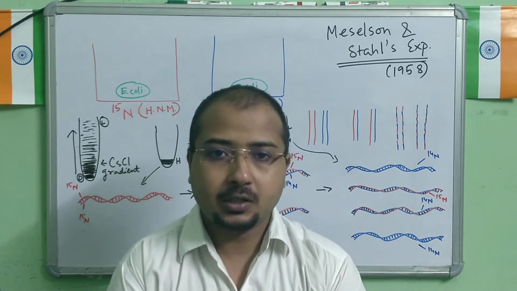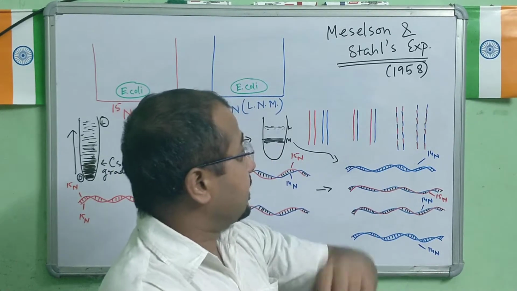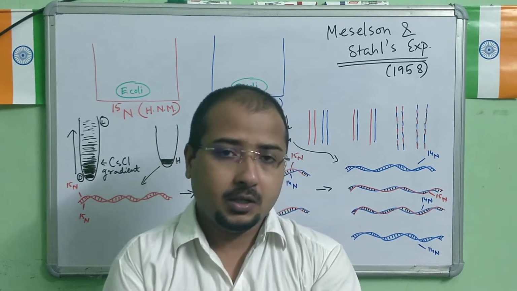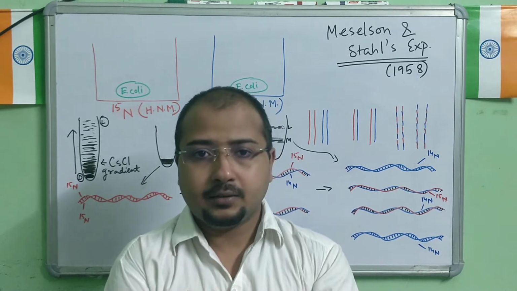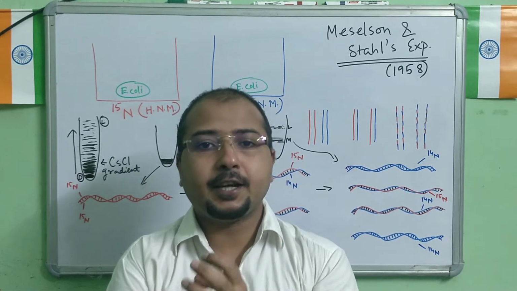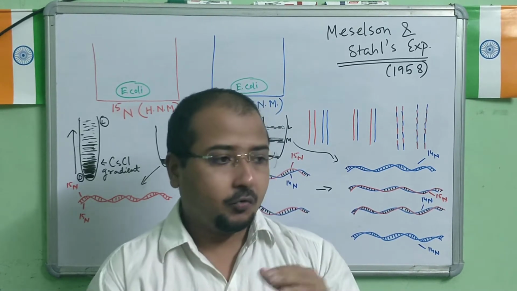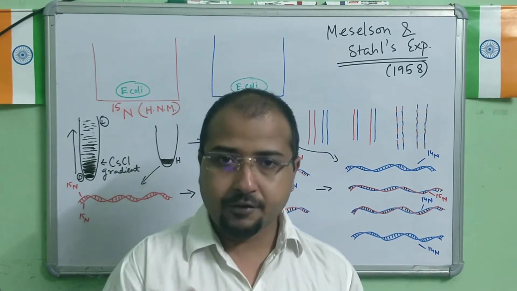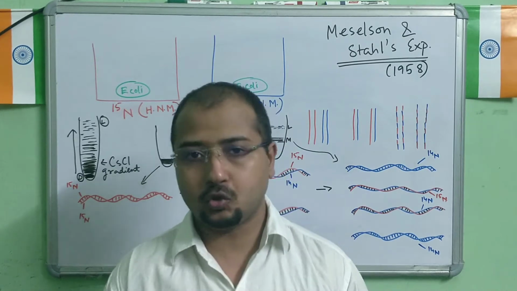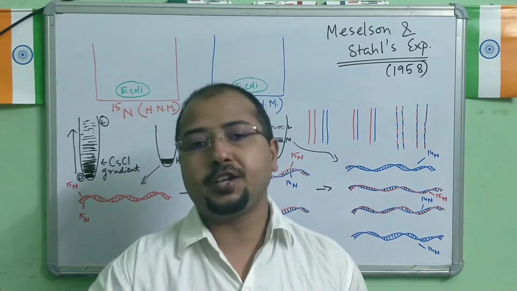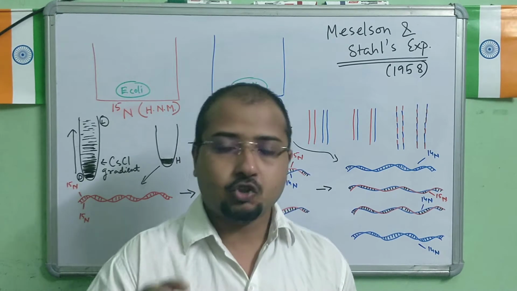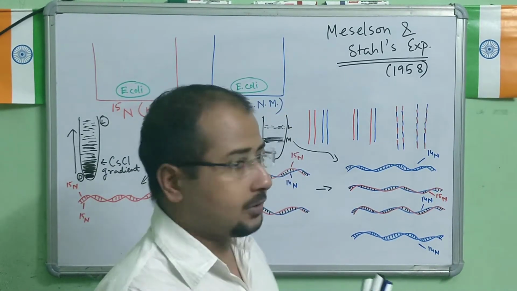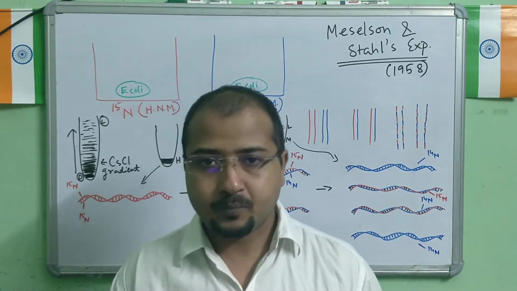They did this experiment to see what the mode of DNA replication is, whether it is a semi-conservative mode, a conservative mode, or a dispersive mode. That is supposed to be found through this experiment.